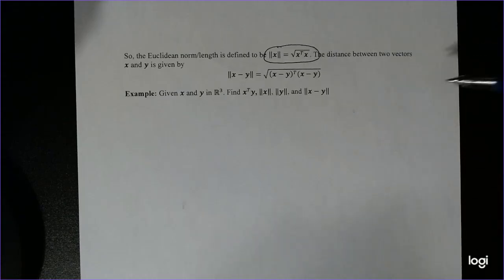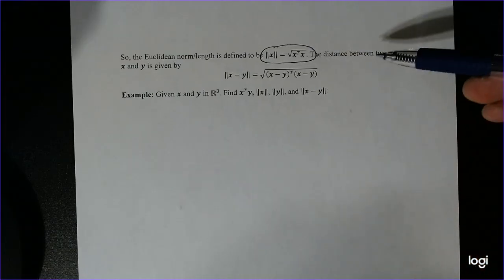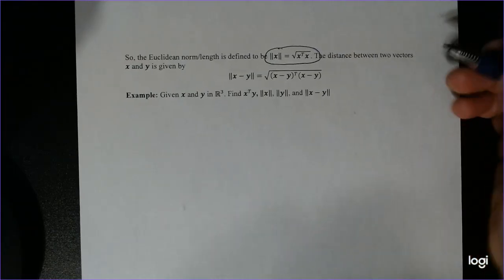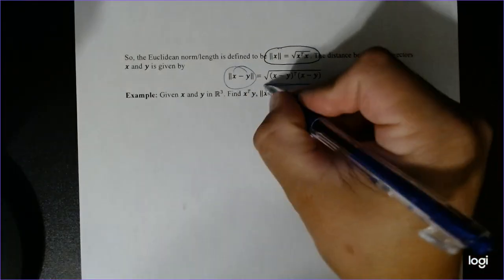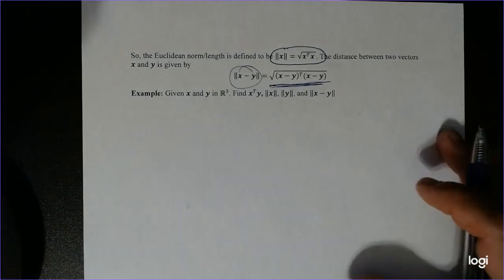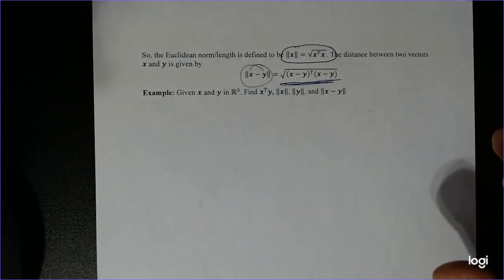It's the transpose of the vector times its original vector within the square root. Or, another way, if you want to find the difference or the distance between two vectors, this is how we define it, which is the same thing we did in multivariable calculus, right?